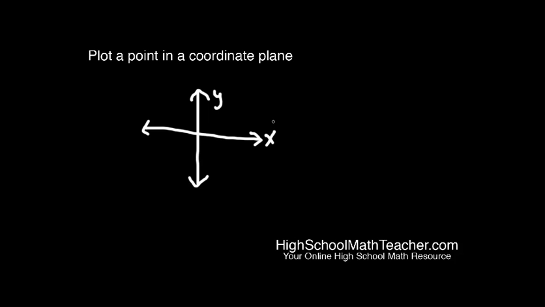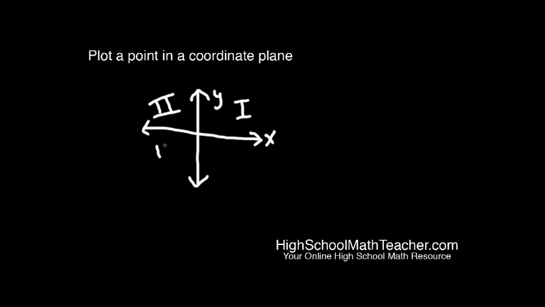If we take our x and our y axes and split them up into 4 different sections, we're going to start with quadrant 1. And then we rotate counterclockwise around our coordinate plane, moving into quadrant 2, and you'll notice that we label these with Roman numerals.